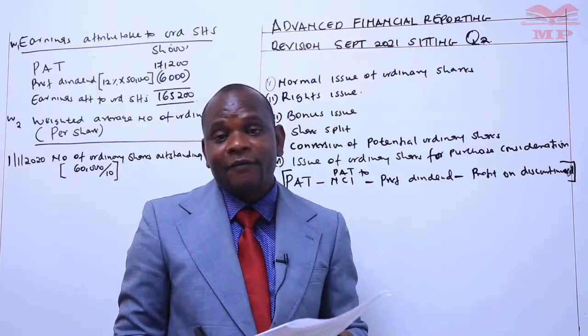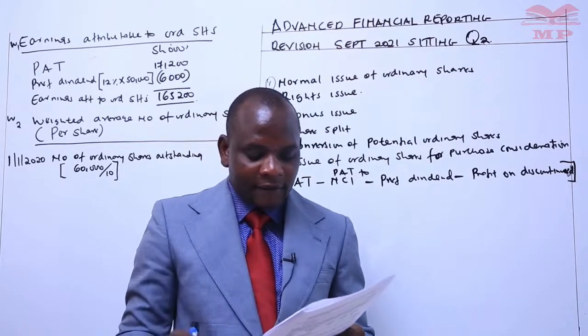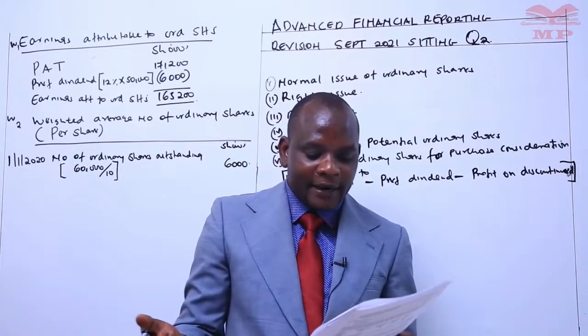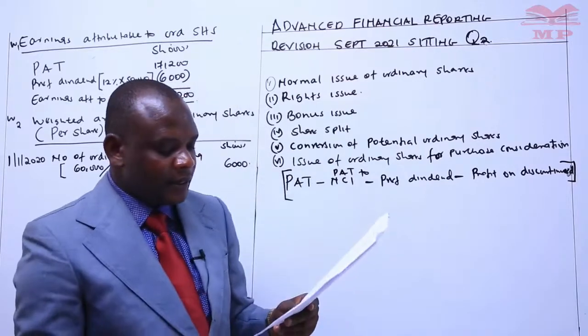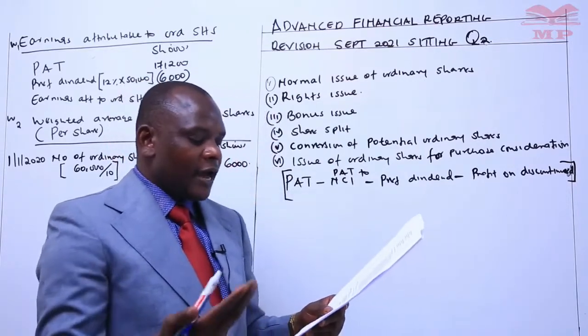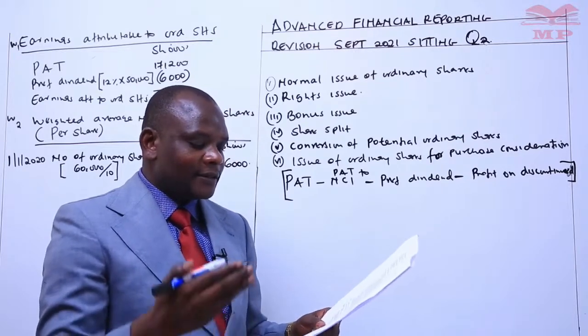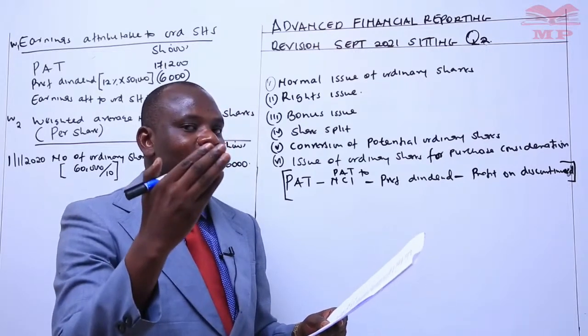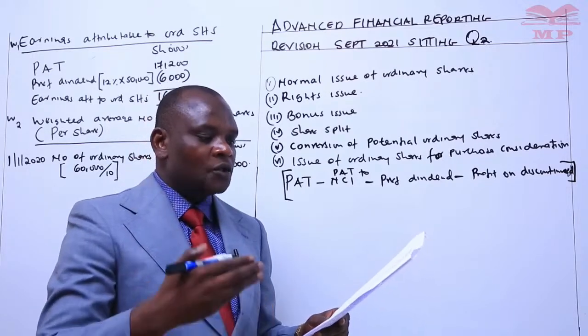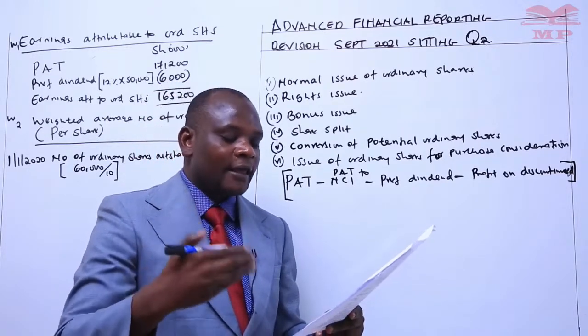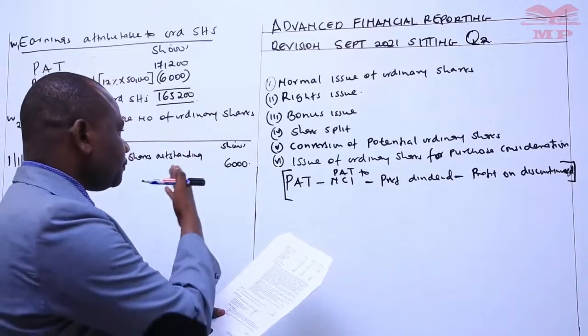What if not at full market price? Suppose they were issued at half market price. What happens? When it is issued at half market price, then apart from the time weighting factor, the half market price will also be used to weigh the issue.